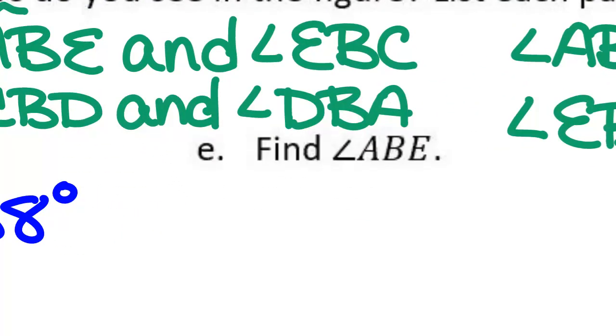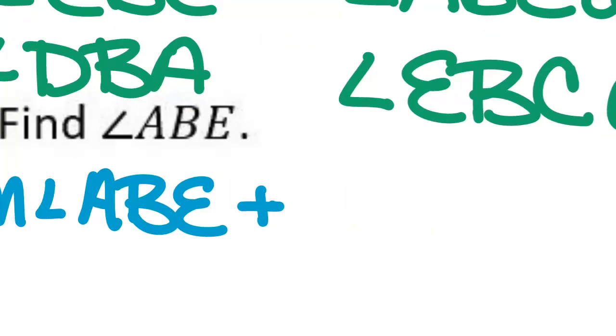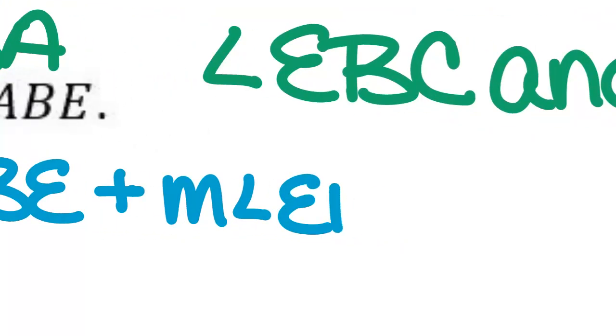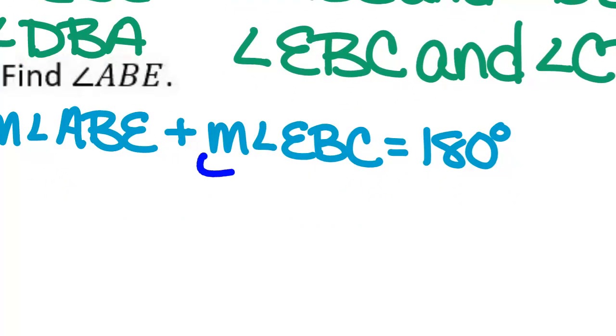All right, so the measure of angle ABE plus the measurement of angle EBC is 180 degrees. And we just wrote down on the previous problem that angle EBC is how big? 138 degrees.